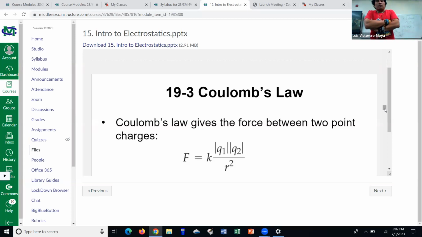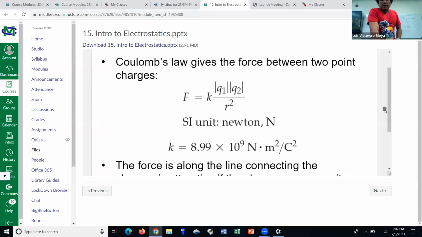What about K though? K is a constant. Now, in the book, they give you this as K. However, I'm going to let you guys approximate this as 9 times 10 to the 9 to make it easy for the problems. And those are the units for the Coulomb constant: newtons meter squared per coulomb squared.